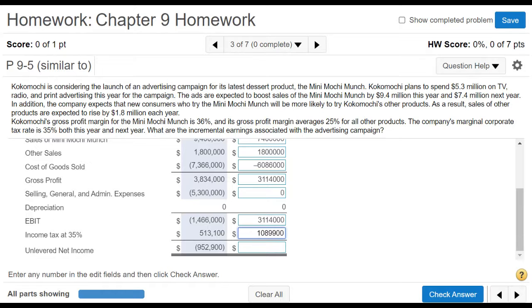That's going to be negative. Yes, that's right. And what's left here when you subtract this from this?